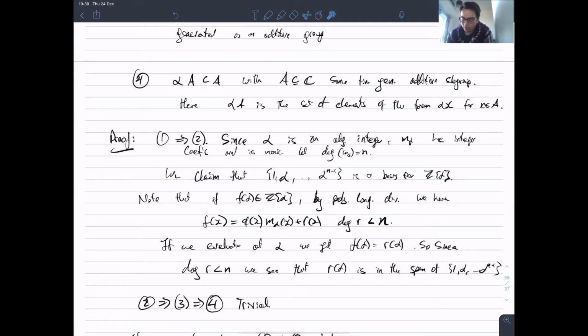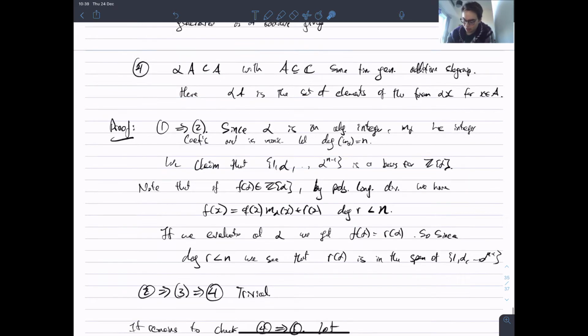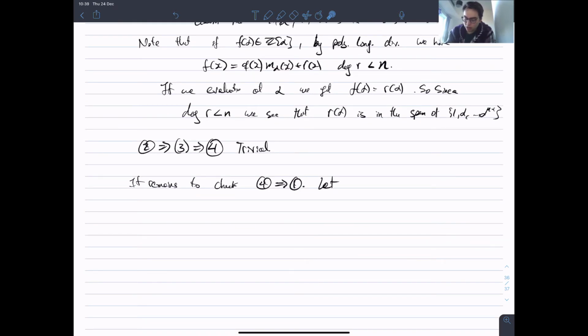If I take all of its elements and multiply them by alpha, the result stays inside my subgroup. Assuming it's finitely generated, let A1 to AR be a basis of A. Then by assumption, when I multiply each of these basis elements by alpha, I stay in A.